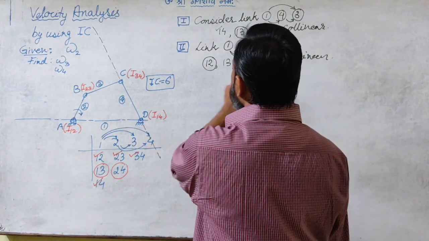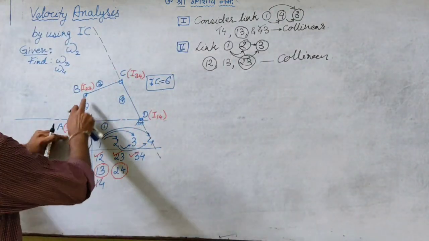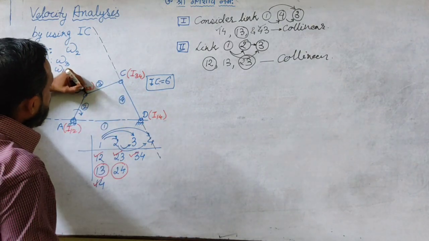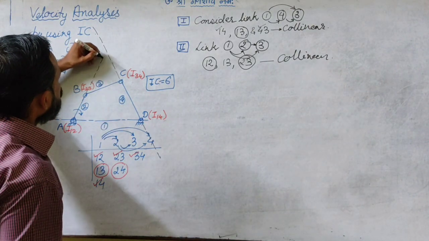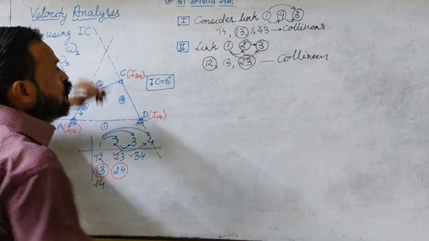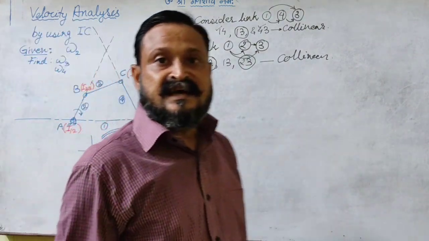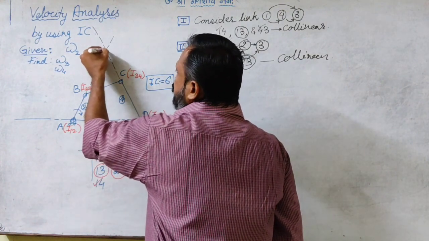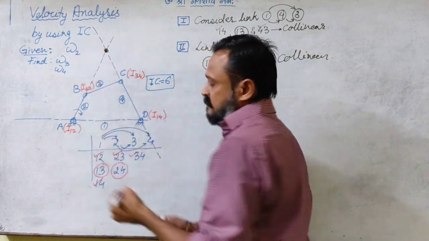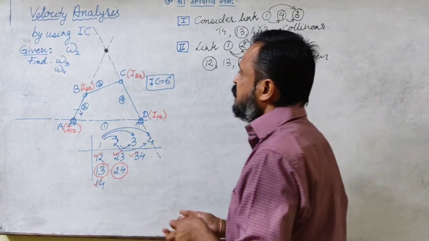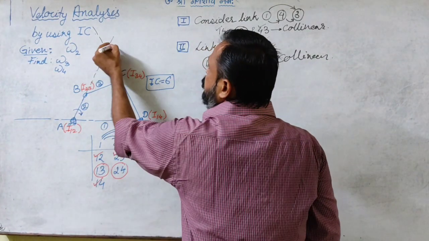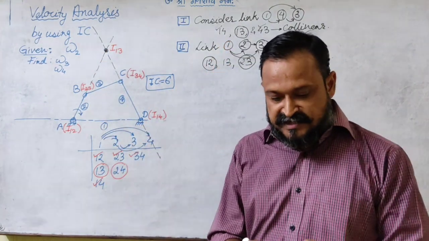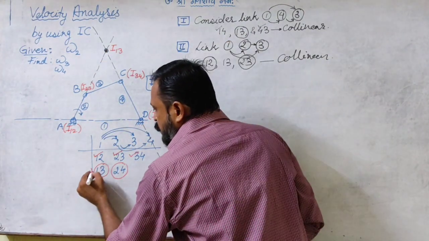So if I join I 1,2 and I 2,3 and extend that line, this line is also the locus for the instantaneous center I 1,3. So this line is intersecting here, that means this point we have located as I 1,3. So that is how we have located I 1,3.